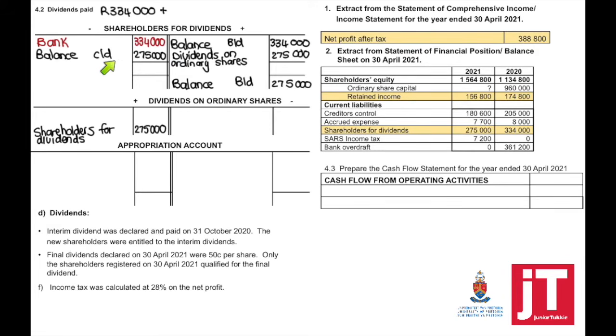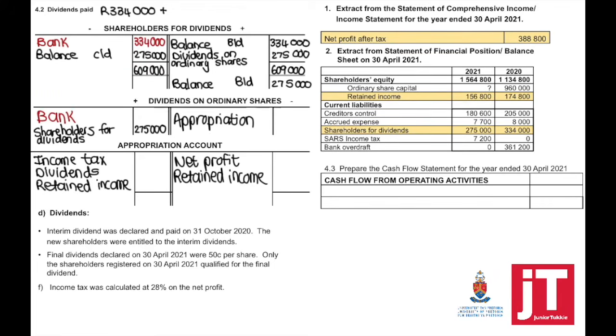For every debit, we would have taken it to the credit side, dividends on ordinary shares, and that would have gone to dividends on ordinary shares as final dividends recommended. You should know dividends on ordinary shares always consist out of interim dividends plus the final dividends.